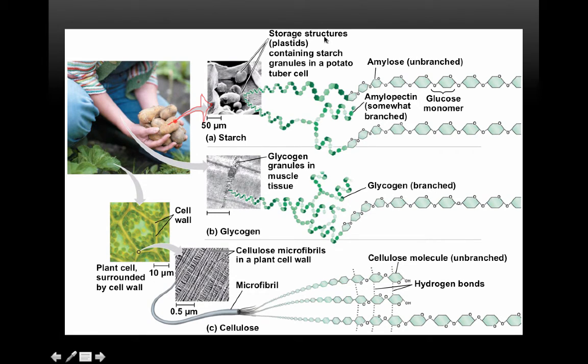Inside those cells, we will see a special type of plastid that is called a starch granule. Inside that starch granule, we find lots and lots of the polysaccharide starch. And this is the way the plant is storing energy.